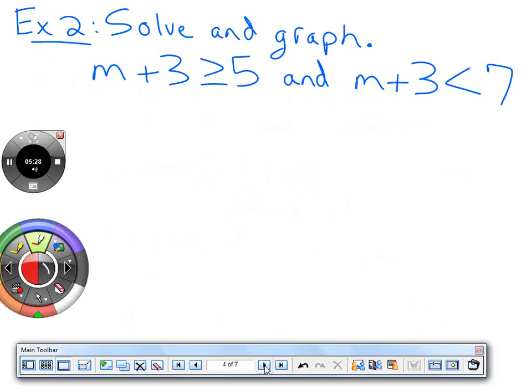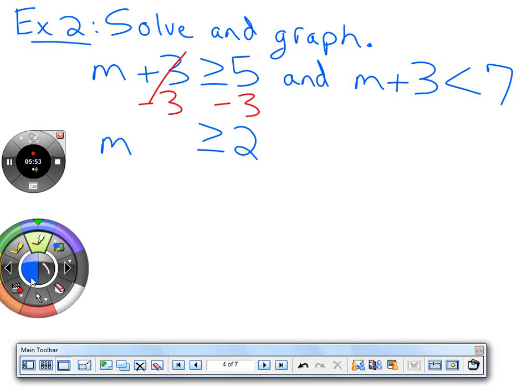Okay? Next example, we're going to actually solve something here. So solve, and then we're going to graph the solution set. So m plus 3 is greater than or equal to 5. We're going to subtract 3 from both sides. That'll cancel out. So m is greater than or equal to 5 minus 3, which is 2.